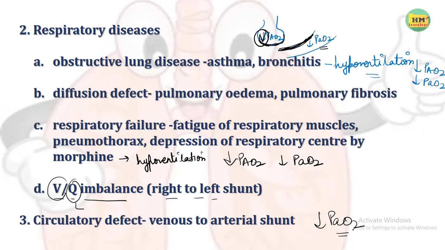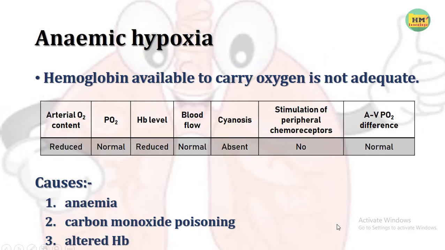Hypoxic hypoxia. So always remember, in hypoxic hypoxia there is a decrease in the arterial PaO2. Definitely there is a decrease in the oxygen saturation of hemoglobin also, but the primary reason is the decrease in the PaO2.